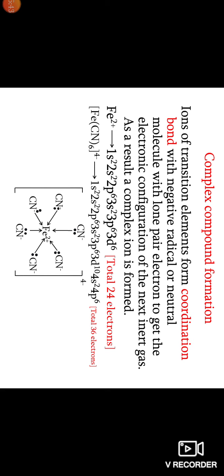In this way, transition elements form coordination bonds with neutral molecules or negative radicals to form a new type of ion called a complex ion, and the compound which contains this type of complex ion is known as a complex compound. Transition elements can form this type of compounds only.